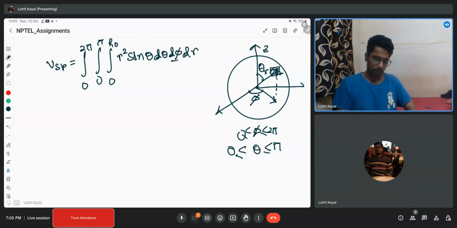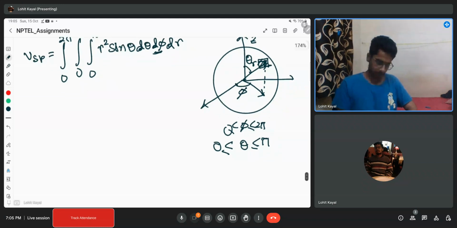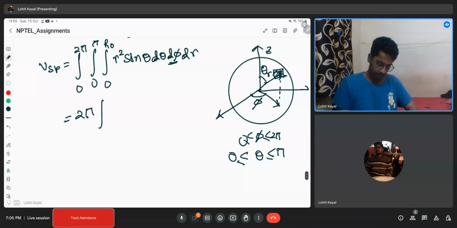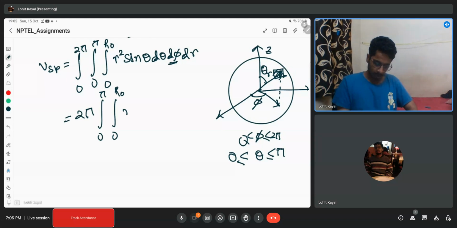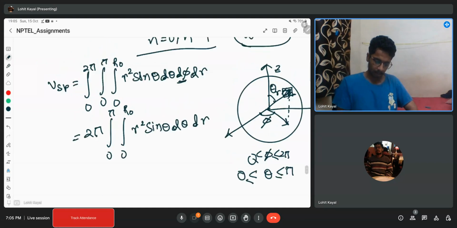Integration of d phi is the easiest because no phi component is present. So we will just take 2 pi outside. Then it will be 0 to pi, then 0 to r naught, r squared sine theta d theta d r.